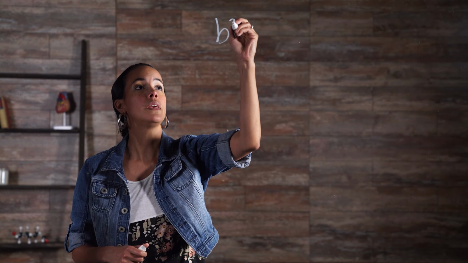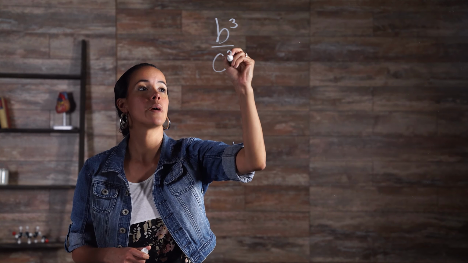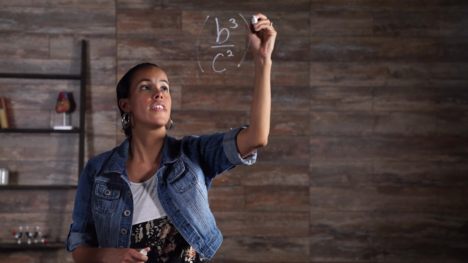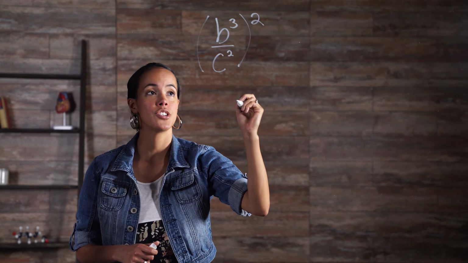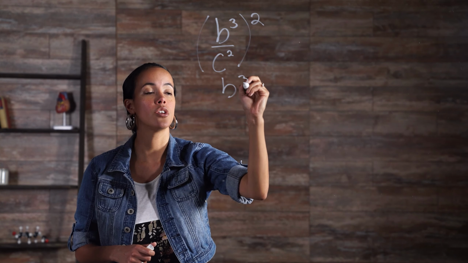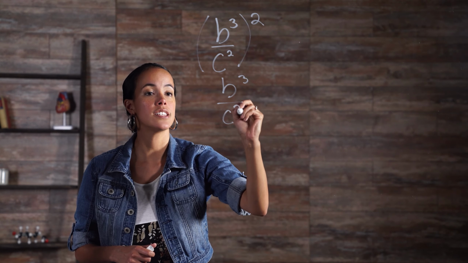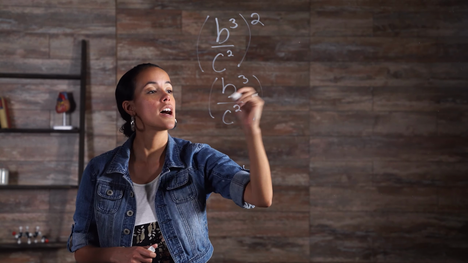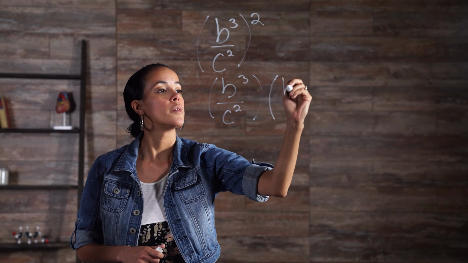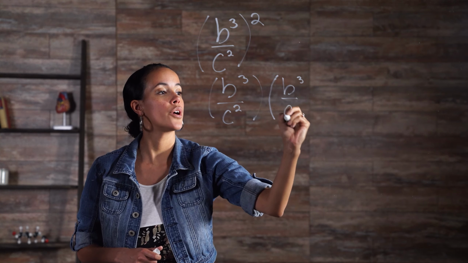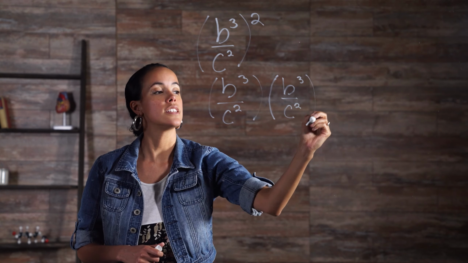The power of a quotient property is similar in that the exponent of a rational base is multiplied by the exponents in both the numerator and denominator. Let's look at some examples. b cubed over c squared, all of that squared, expands to b cubed over c squared times b cubed over c squared.